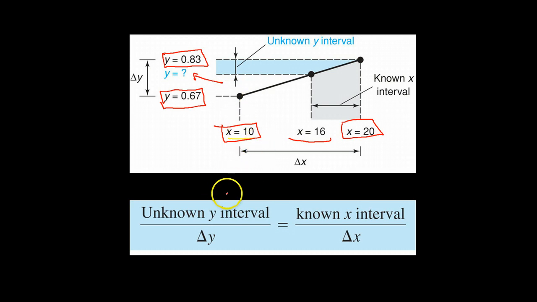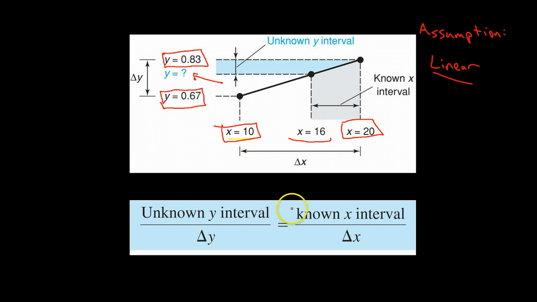The idea is that for the unknown y interval, the assumption, which is key, is that this is a linear relationship. It has to be linear for this to work, because this comes out of assuming that the slope of your line is the same.